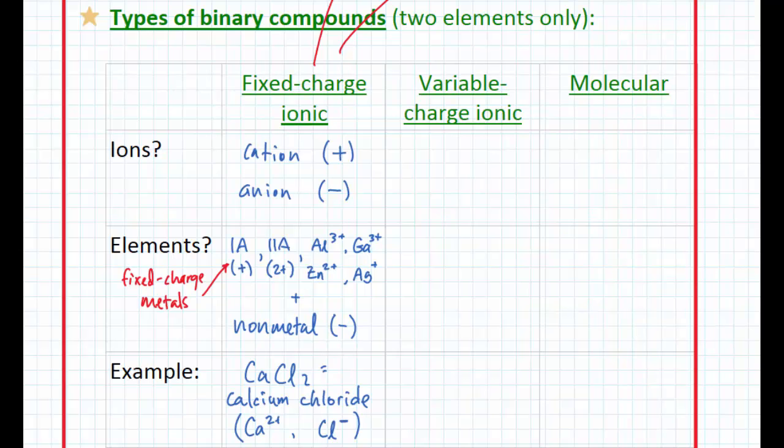Variable charge ionic compounds will again have a cation and an anion, just like our other one: a cation, some plus, an anion, some kind of minus.